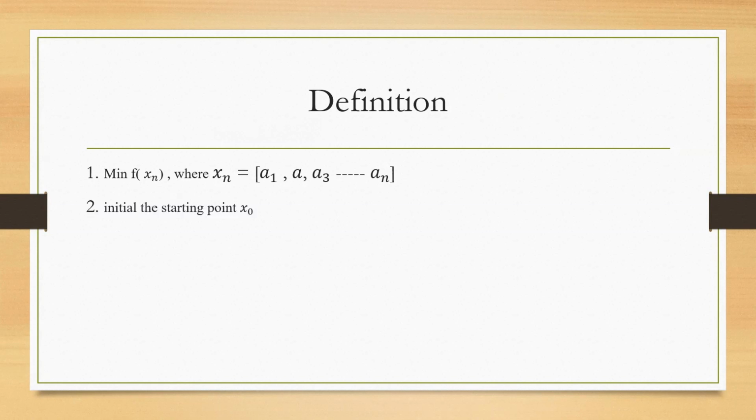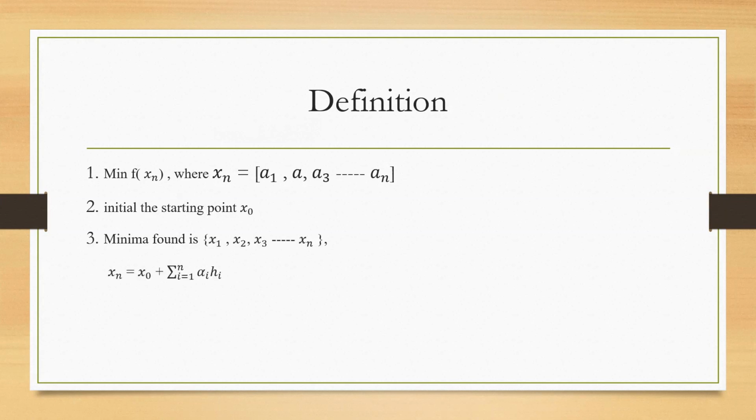To use this method, first we initialize the starting point and let it be x0, and do the bidirectional line search, and all minima found during the bidirectional line searches form the set x1, x2, until xn.